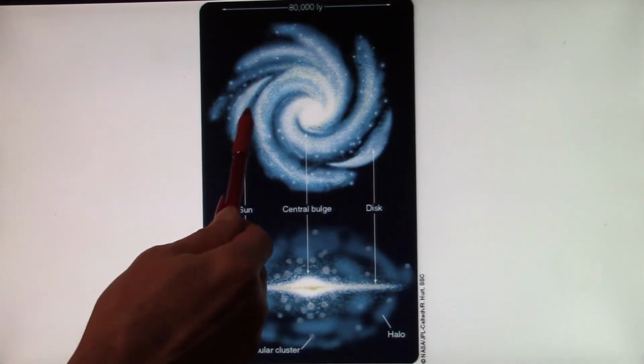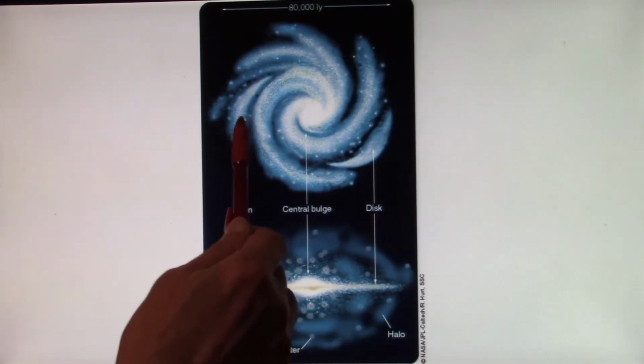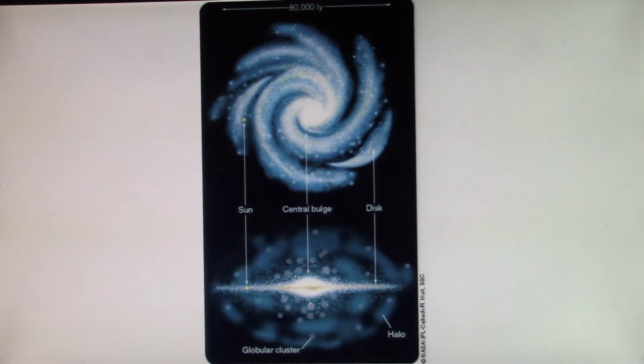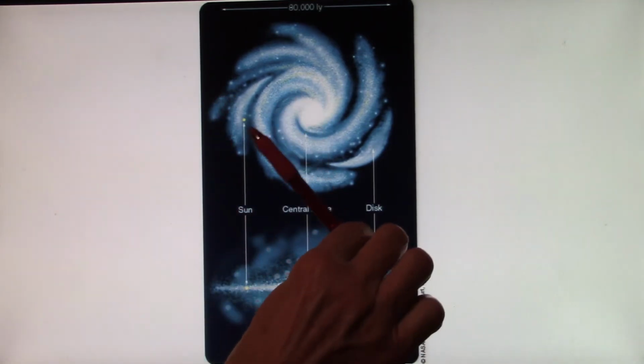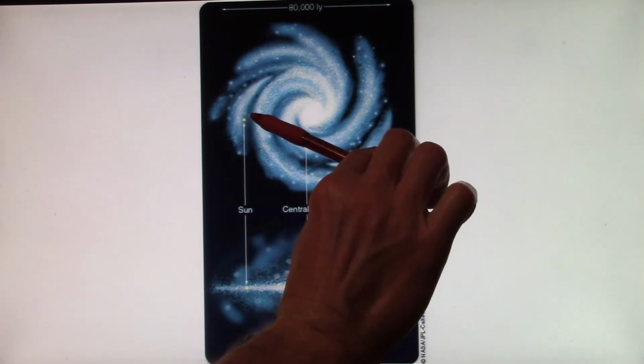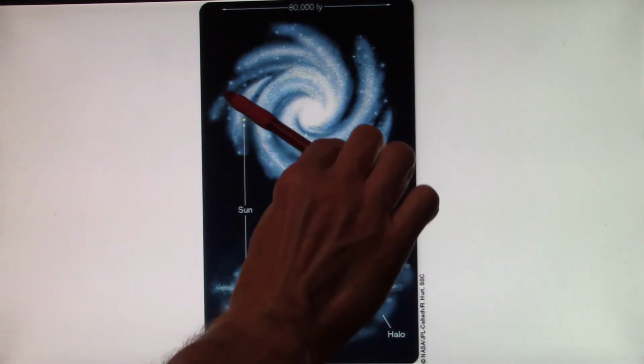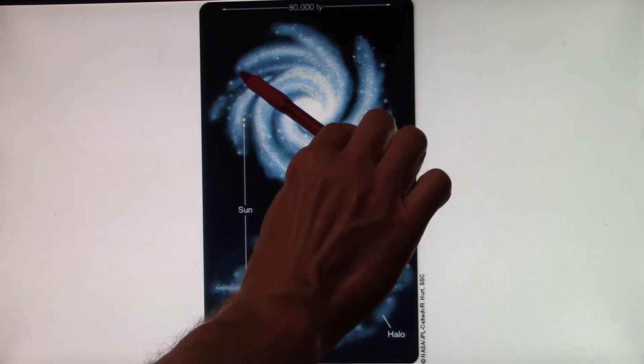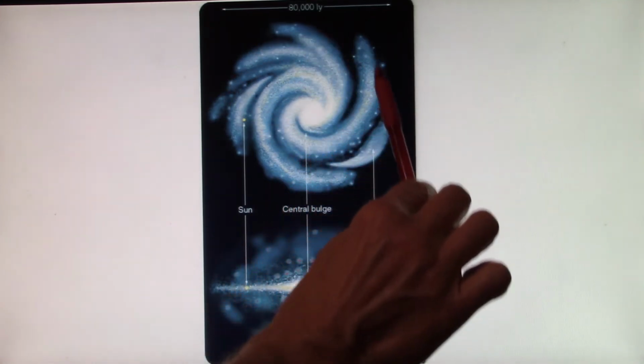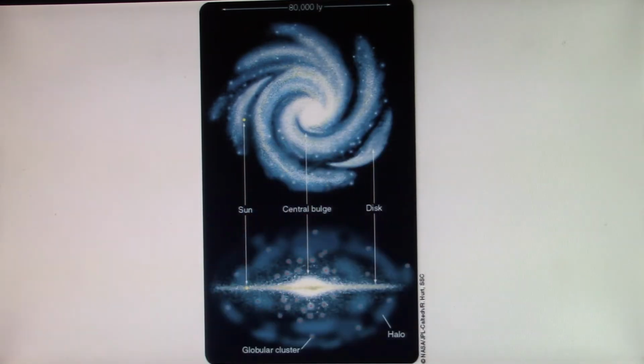So we go through these things. We're going through, and we've gone around many times, so we have to make it through this one. Then it's a little bit less dense. Then we have to go through this one. So we go through the spiral arms. Okay, that is important.